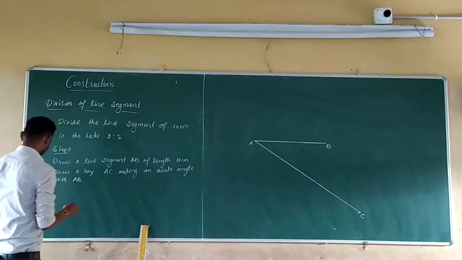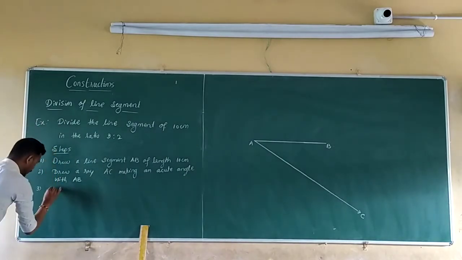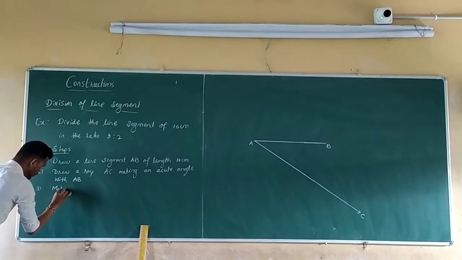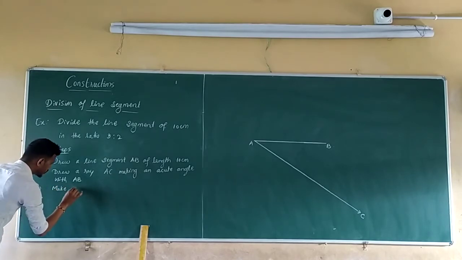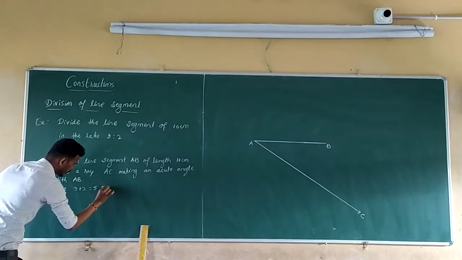Next step, third one, make 3 plus 2, that is 5 points.